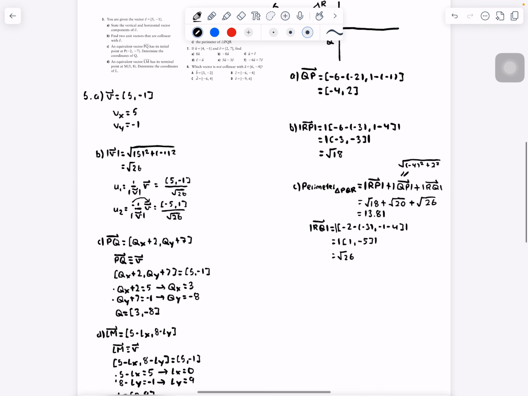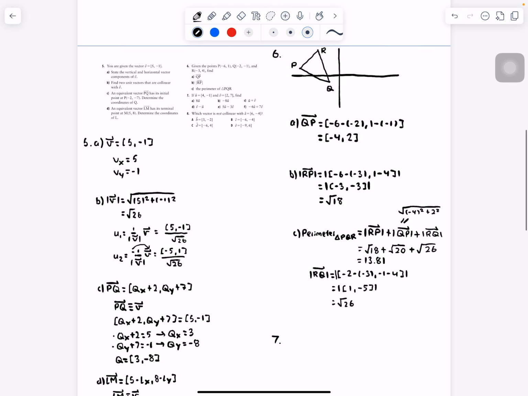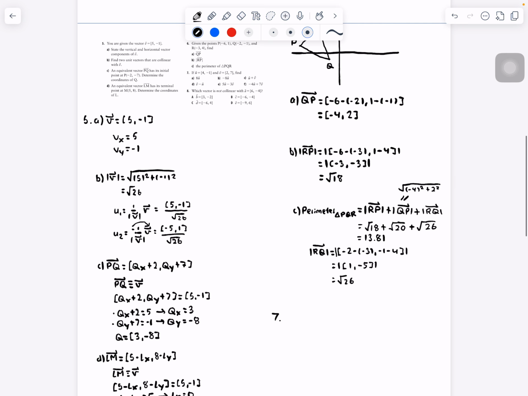Moving on to question 7. If u is equal to 4, -1, and v is equal to 2, 7, find 8u minus 8u. So there's quite a few here. I'm probably going to only do a few.